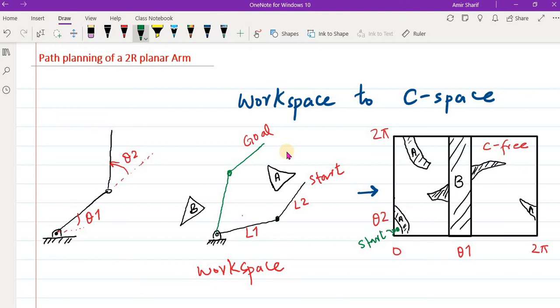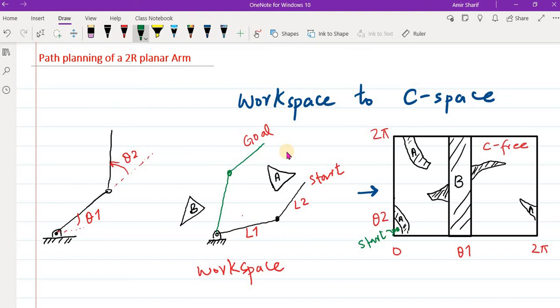And now if we want to do path planning here, what we can do, just by visually seeing, first I think this theta 2 should gradually increase, okay, and theta 1 should decrease.